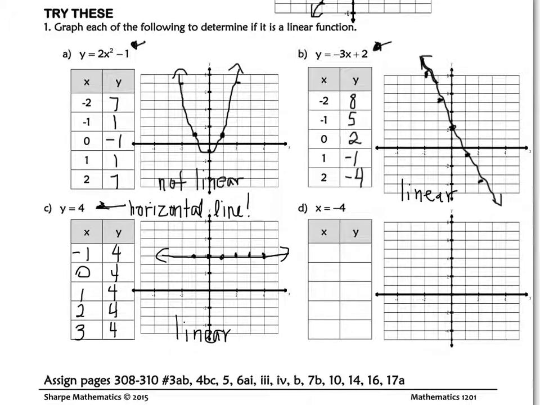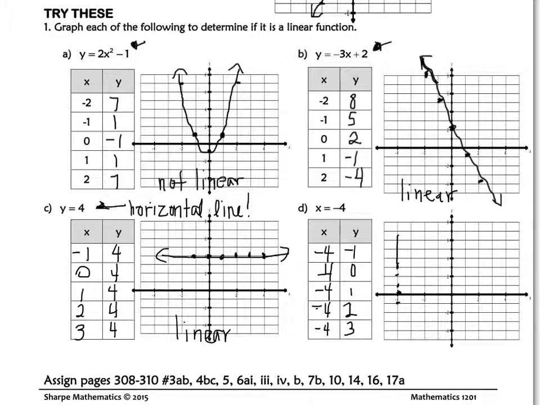So the next one, the x is constantly -4. So you can't pick anything else but -4 for x. So that means it doesn't matter what y is. Your x is -4, so -4 will go with -1. -4 will go with 0, -4 with 1, -4 with 2, -4 with 3, and so on.